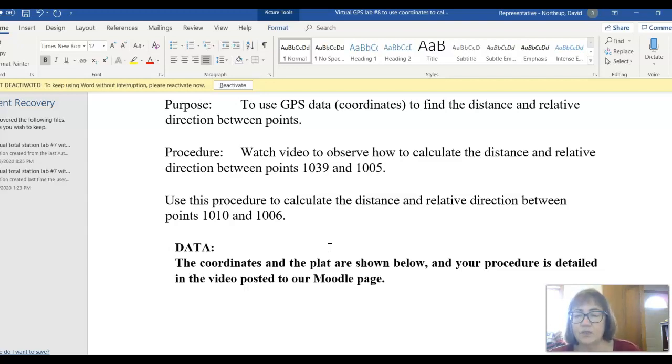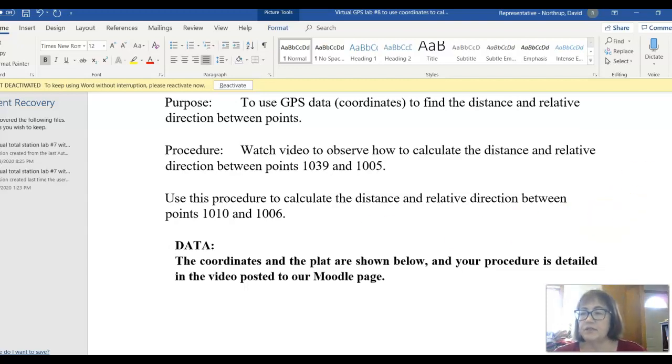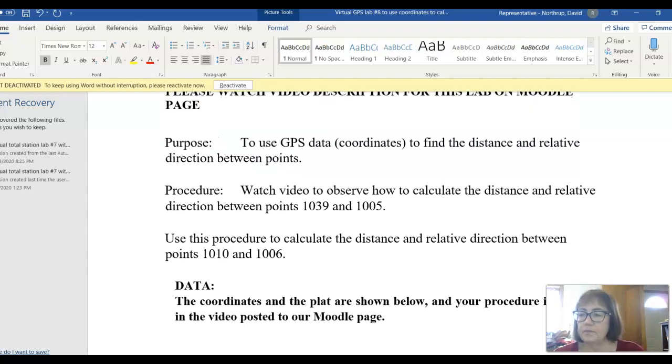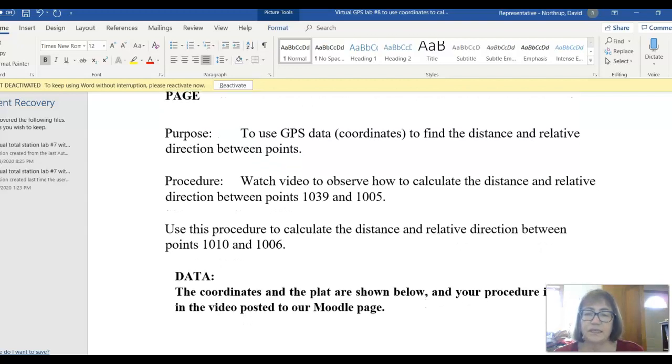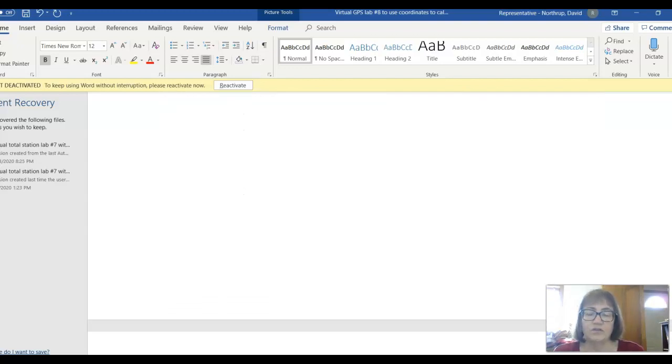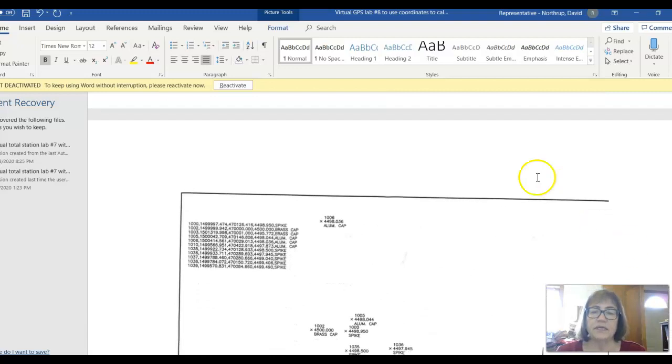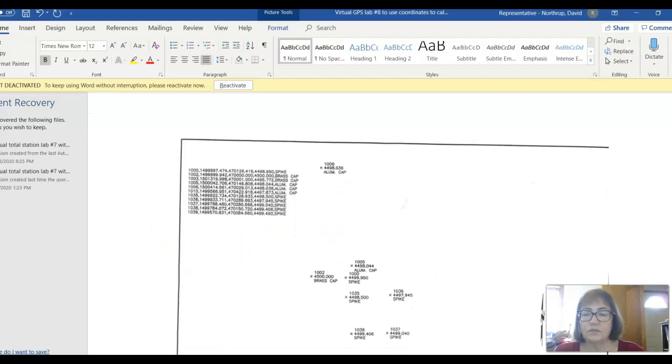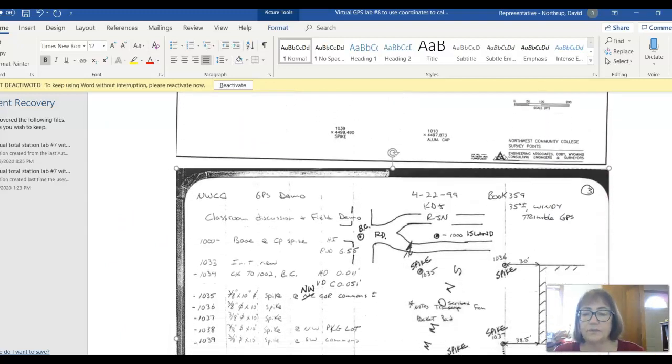I didn't specifically ask to go from one point to the next, but I'm assuming that you do one or the other. If you go to the last page of this lab write-up, you'll see an example of the calculation that I did for the 2 points that I chose. The data that I got is from this set of coordinate data right here that Engineering Associates produced for us when they laid in the survey course.